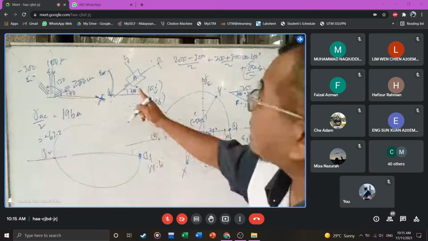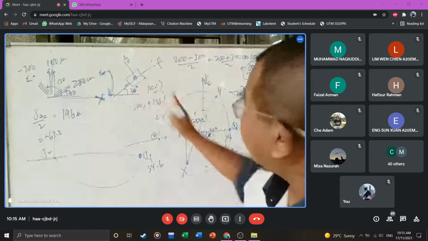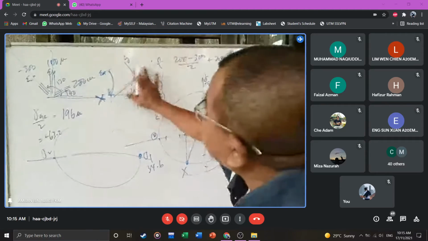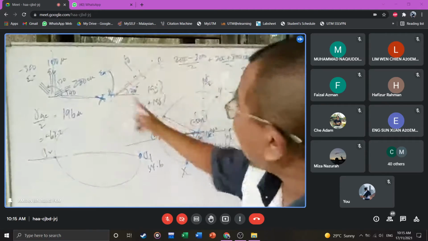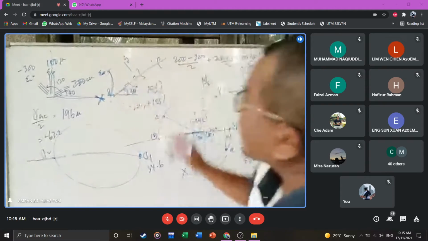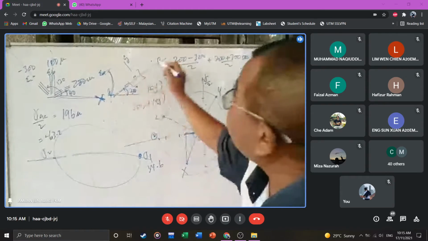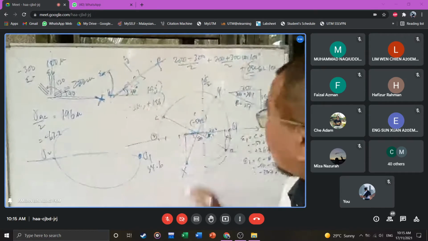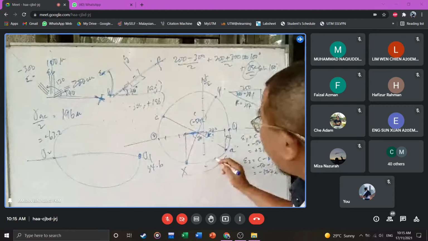And then where is that one? Here first. Where is that direction? Even though this is stress, I don't care. This direction is where here? From X, 30 degrees. So your F here, 30 degrees clockwise from X. So there must be F there.